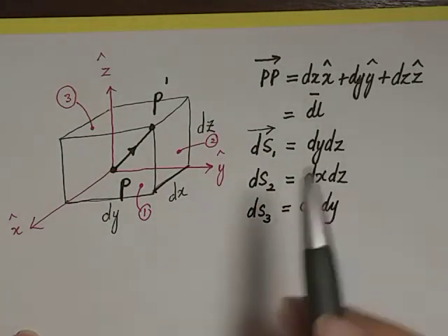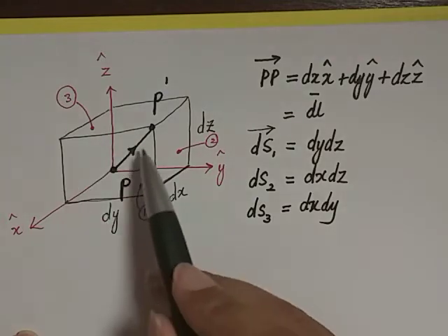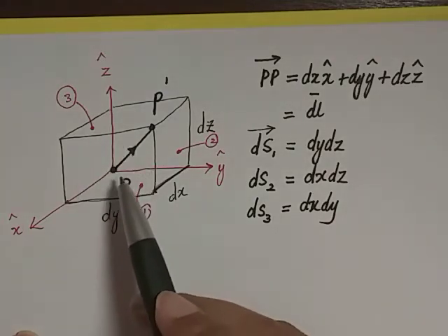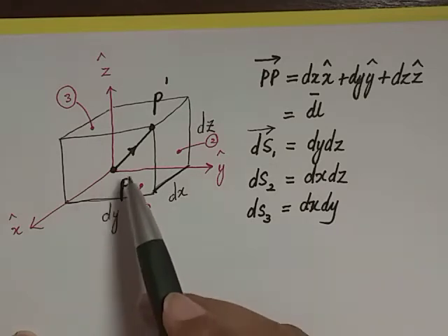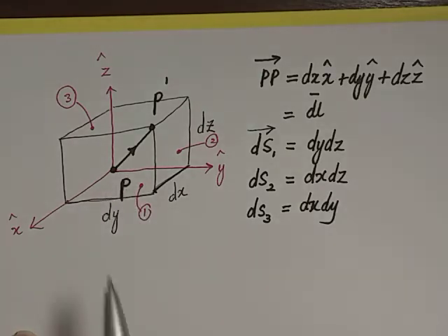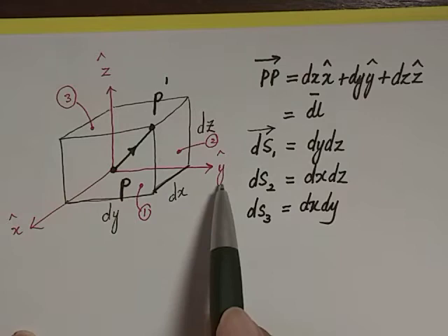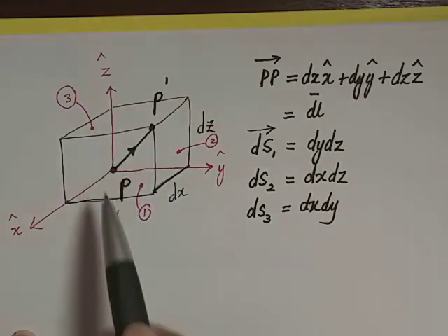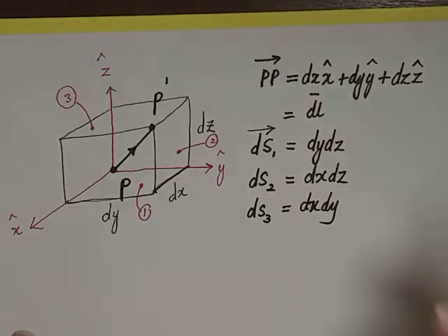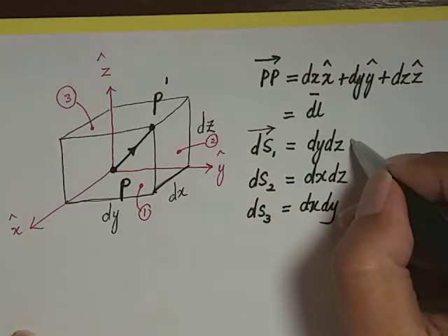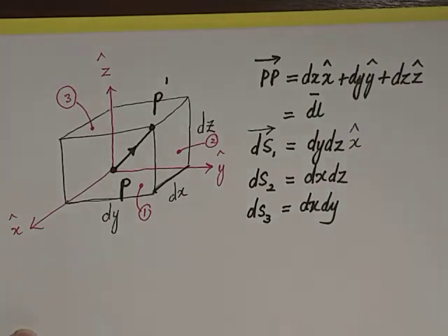The magnitude remains the same, the actual area, but the direction is going to be the unit vector normal to that area. So from this diagram, we can see it must be x. It cannot be y or z because y and z are not normal to the ds1 area. So therefore, in terms of mathematics, the surface vector here should be ds1 in the x direction.